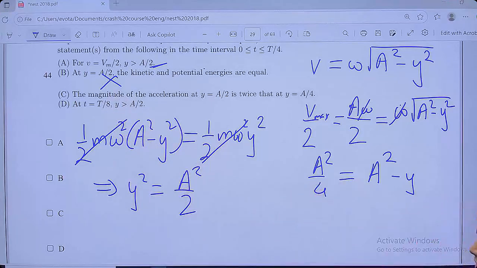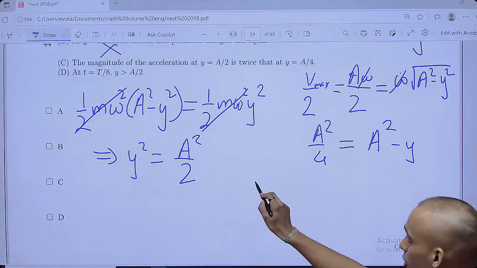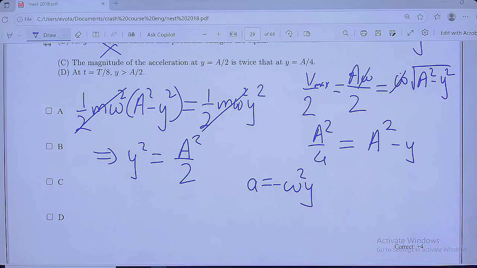Let us check option C now. Magnitude of acceleration we need. Now, for simple harmonic motion, you should know that acceleration is equal to minus of omega square into y for any value of y. This is the basic definition of simple harmonic motion. Acceleration should be equal to minus of omega square into y.